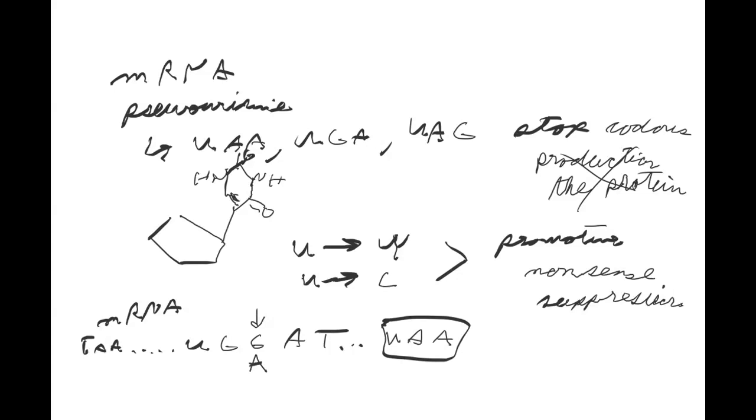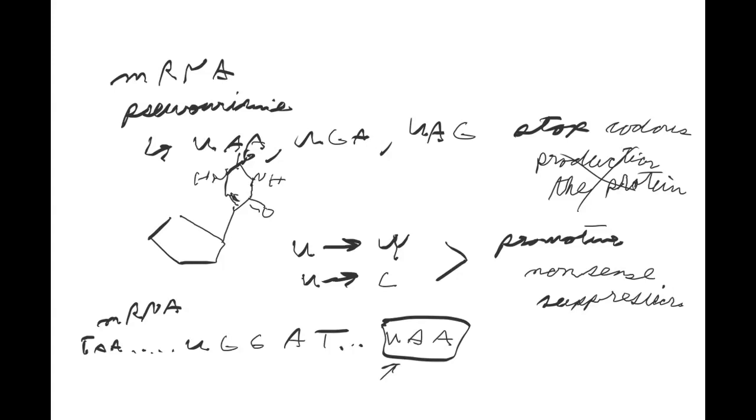UGA would be a stop codon. It would stop here. Stop. Right? And wouldn't reach the downstream. Okay. So that's a mutation that's a nonsense. Okay, it stops prematurely.